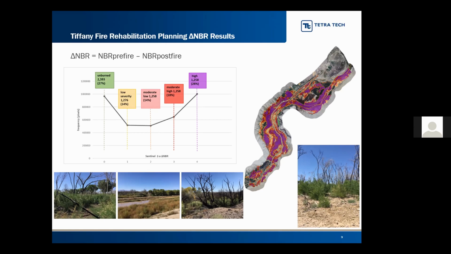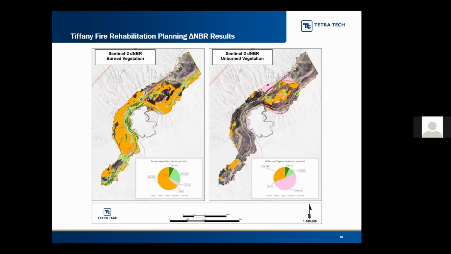And this informed our planning for restoration, where we took the results of the burn vegetation, and I was able to identify what areas had burned, whereas what areas did not burn. And this helped us identify both some high value mixed and native habitats that were unburned, and also areas of burned tamarisk that needed to be treated differently versus areas of unburned tamarisk, for example.